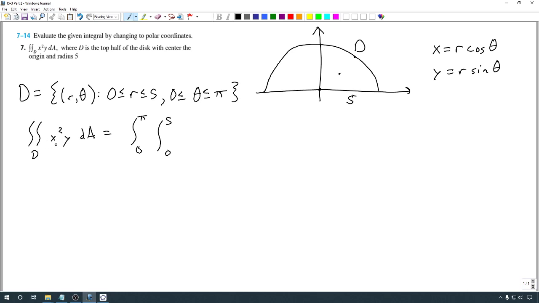We're going to have to replace x and y by those expressions. So x squared is r cosine theta squared. y is r sine theta. Now remember, we do need this extra r. Then we do dr and d theta.